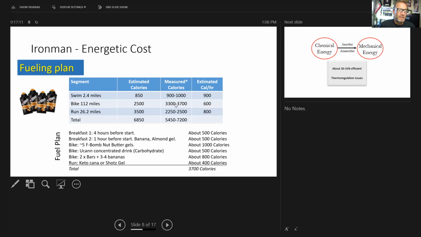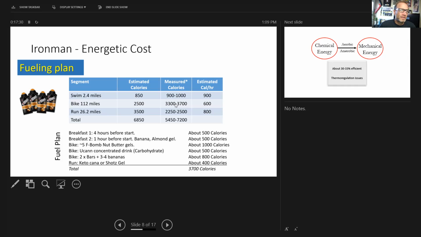And on the bike, I look at different products or fuels available. I look at what a race will provide during an event based upon aid stations, what type of fuel they'll be handing out. And same thing on the run.